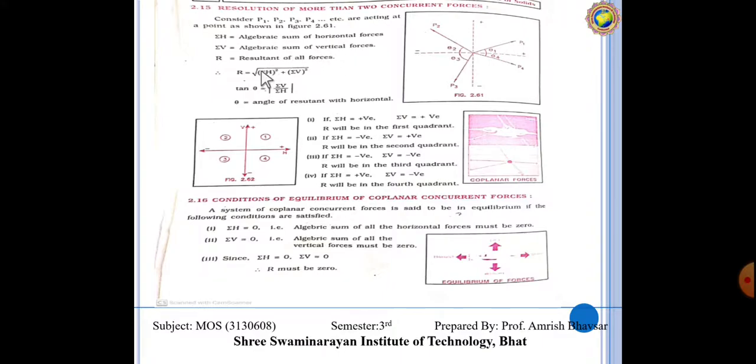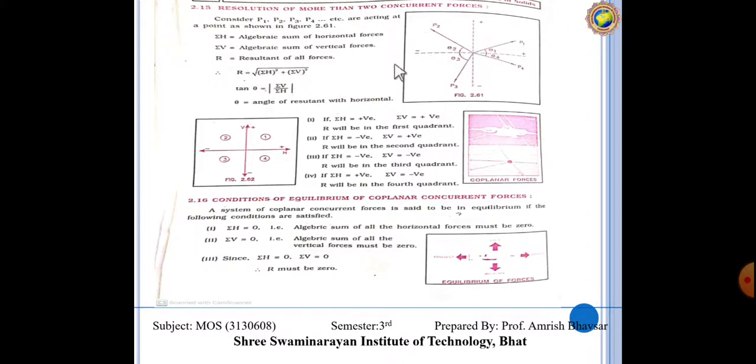Now the resultant force from these two is the square root of sigma H squared plus sigma V squared, and the direction of that force is tan theta equal to the modulus of sigma V upon sigma H. From this we can calculate all the horizontal forces and find the resultant as well as its direction.